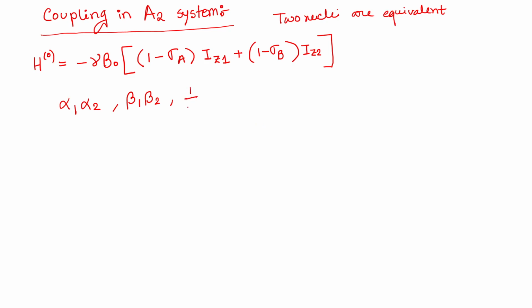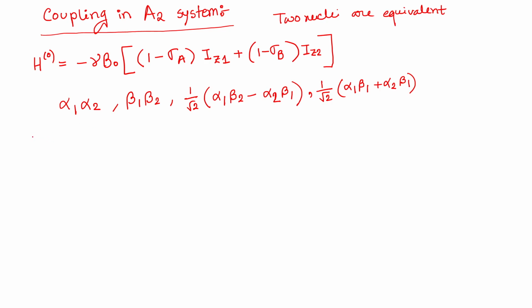So we have to write these normalized wave functions as 1 by root 2 alpha 1 beta 2 minus alpha 2 beta 1, and another as 1 by root 2 alpha 1 beta 2 plus alpha 2 beta 1. So this is the effect of not being able to distinguish between them.